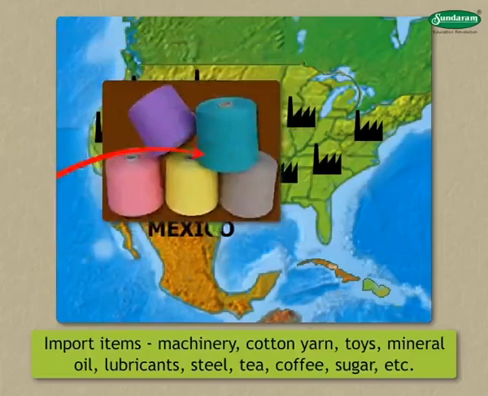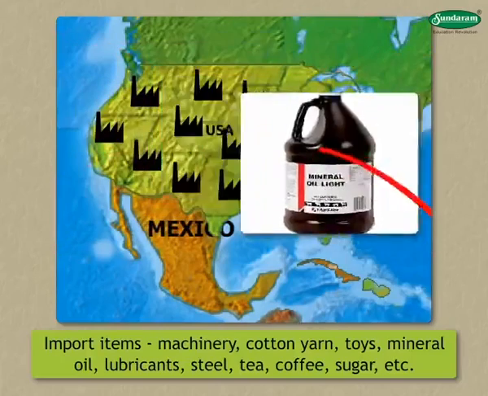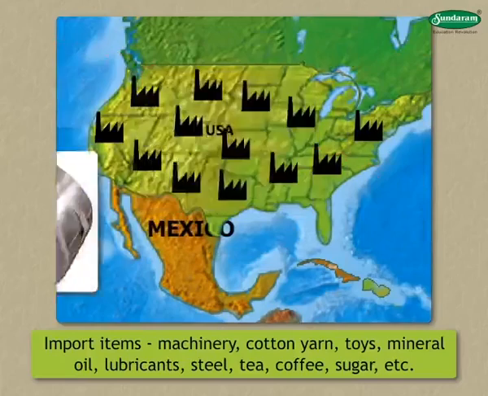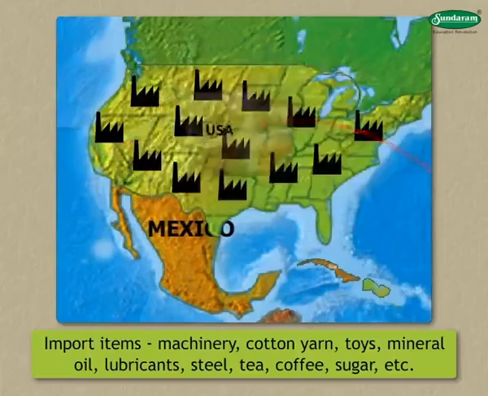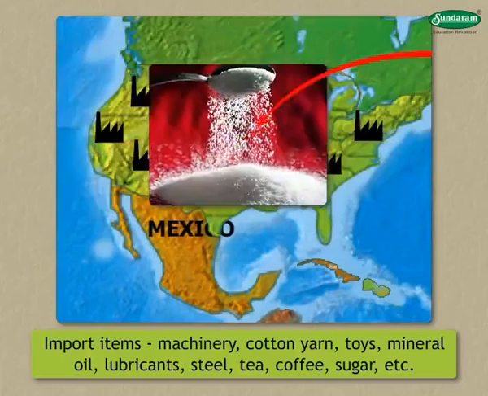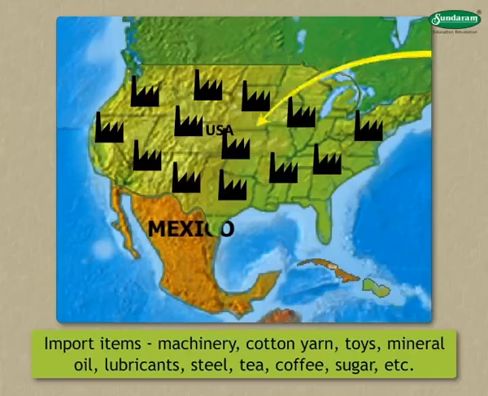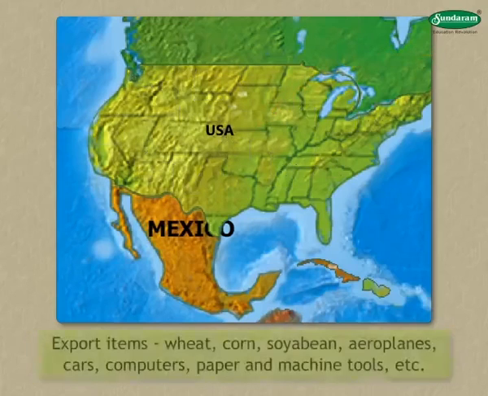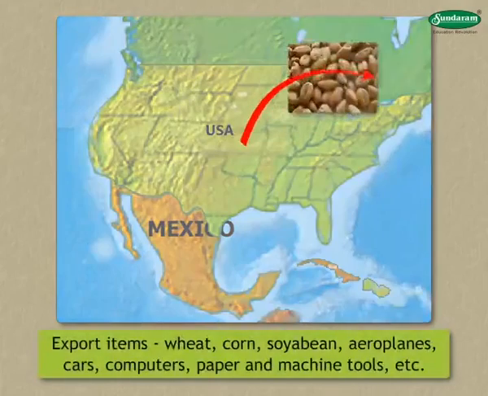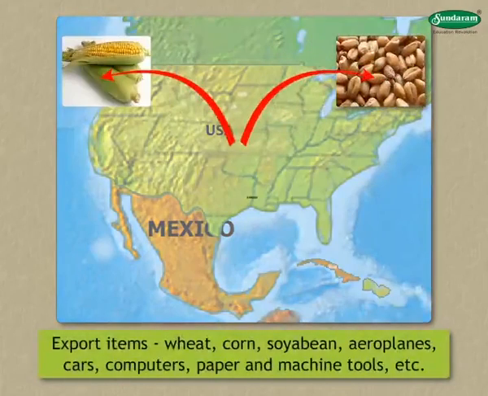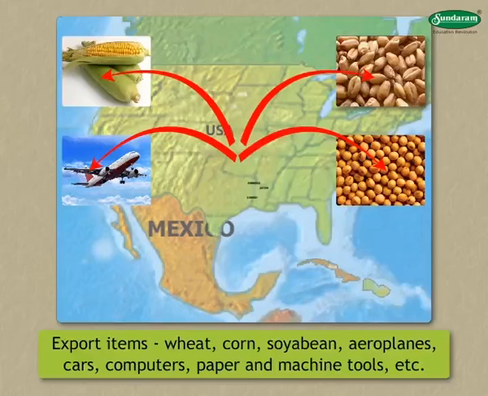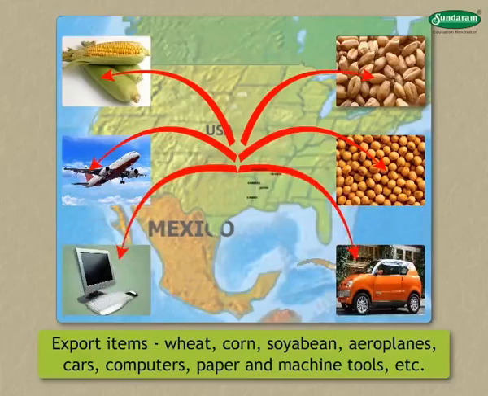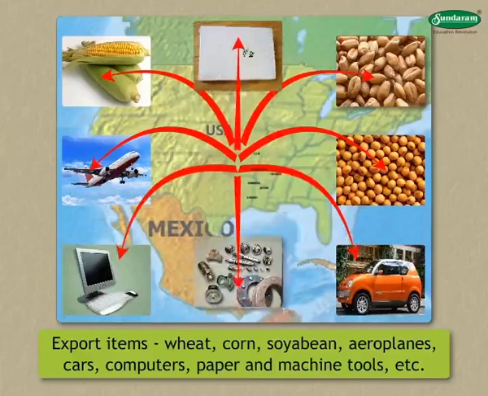Machinery, cotton yarn, toys, mineral oil, lubricants, steel, tea, coffee, sugar, etc. are the items on the import list. The country's export list includes food grains like wheat, corn, soya bean, aeroplanes, cars, computers, paper, and machine tools required for different industries.